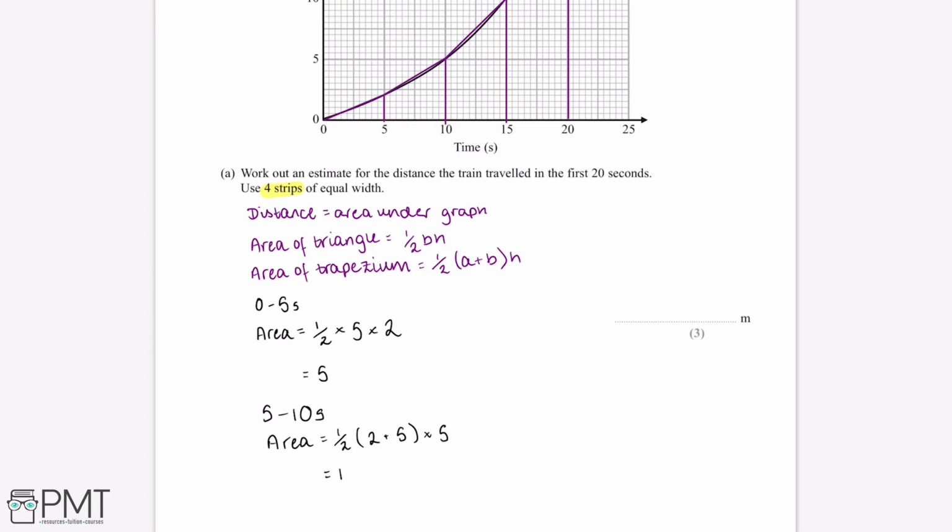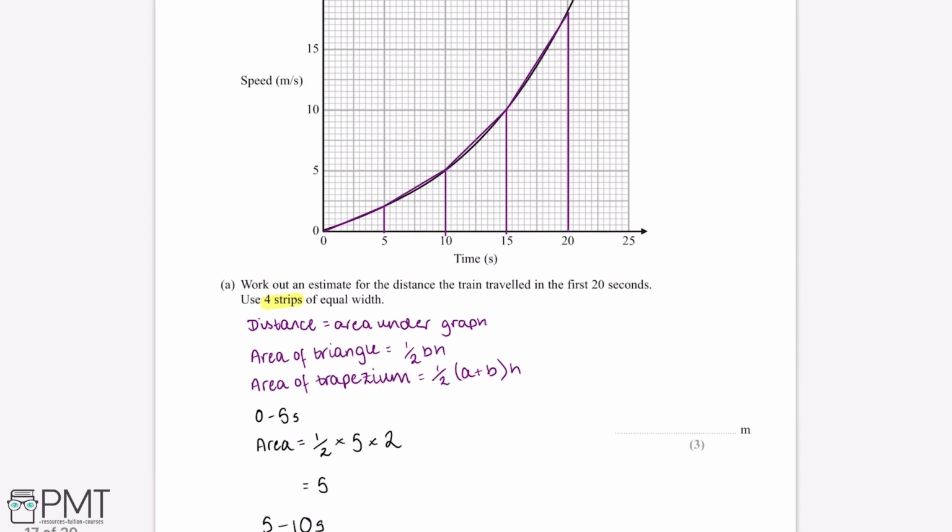And this gives us an answer of 17.5. Between 10 and 15 seconds, our area is equal to a half multiplied by 5 plus 10, which is the sum of our parallel lines, multiplied by 5, which gives us an answer of 37.5.